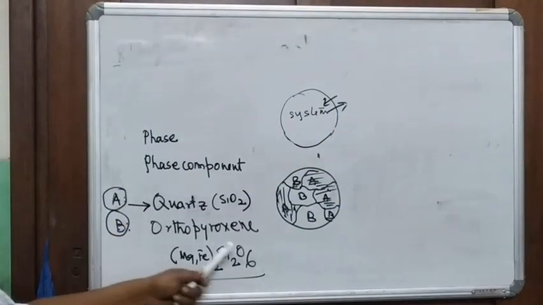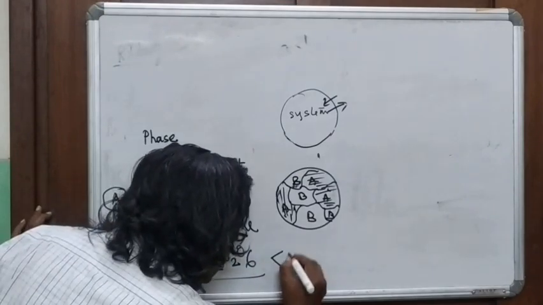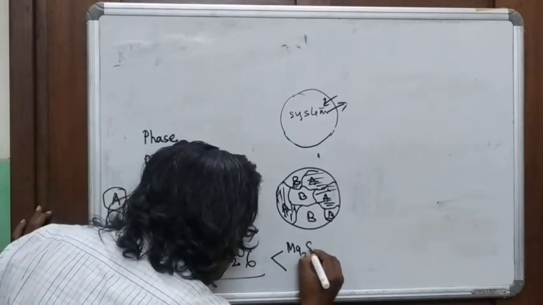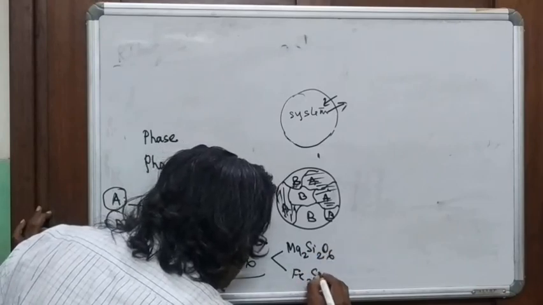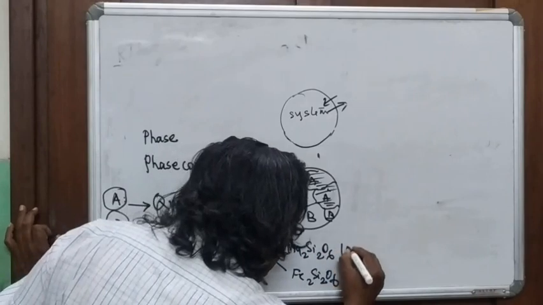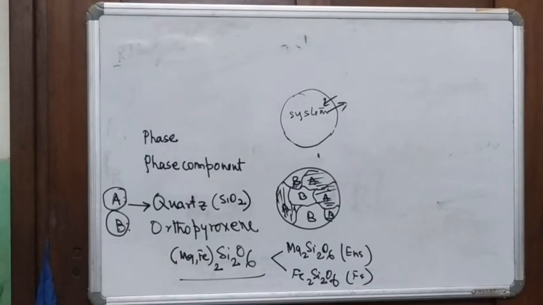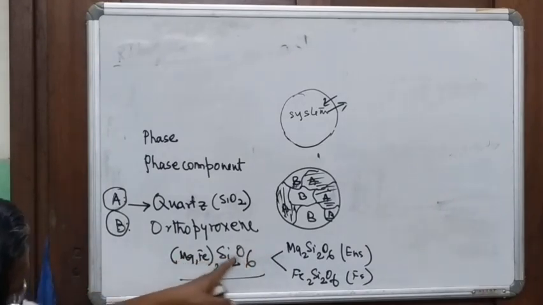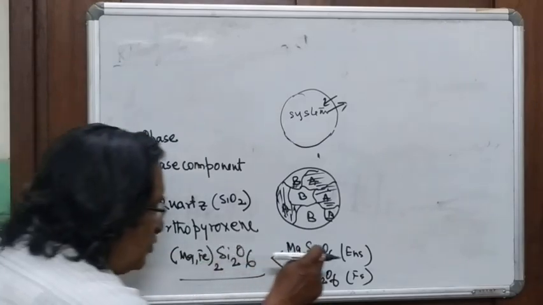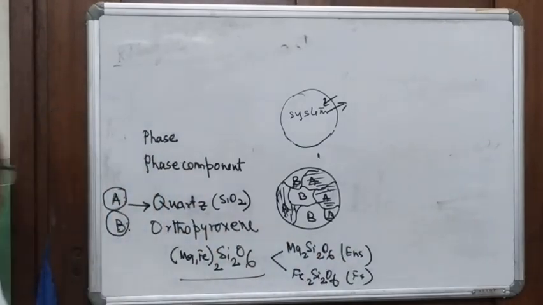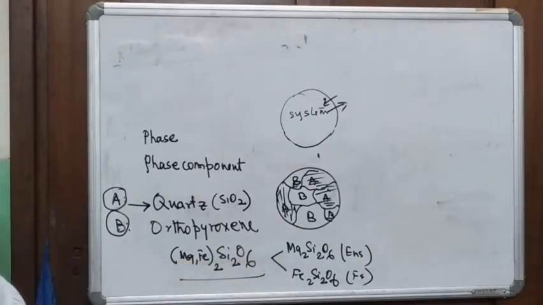But orthopyroxene has this formula. So this can be divided into two parts, Mg2Si2O6 and Fe2Si2O6. This is enstatite and this is ferrosilite. Now, the composition of this orthorhombic pyroxene will vary between enstatite and ferrosilite. Magnesium end member, iron end member.